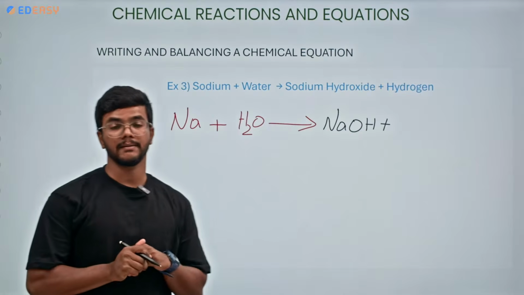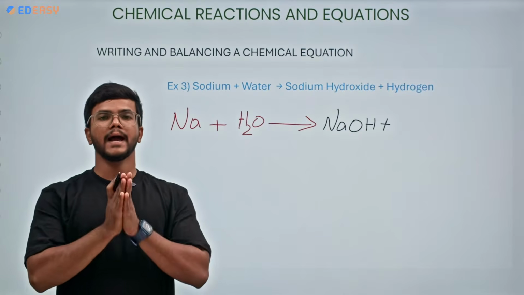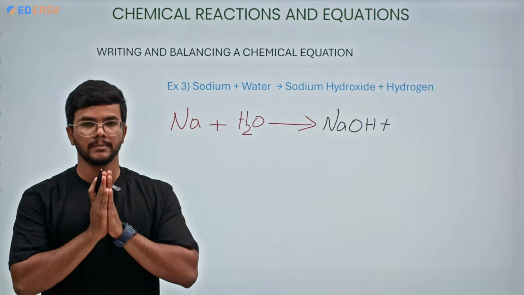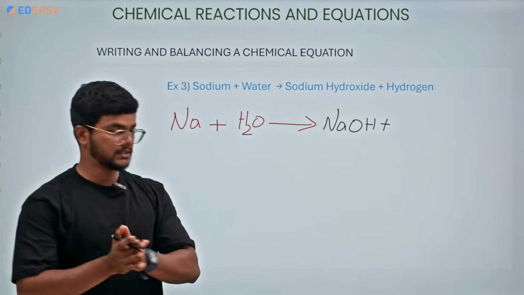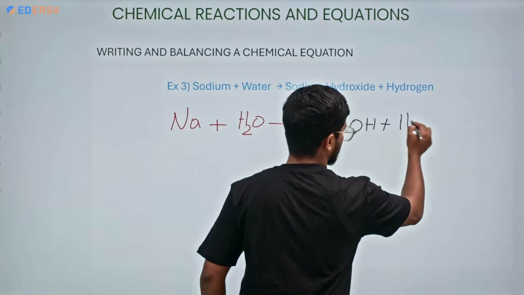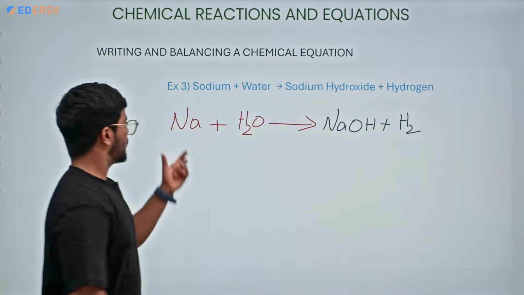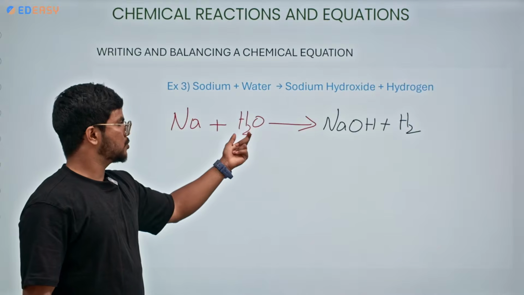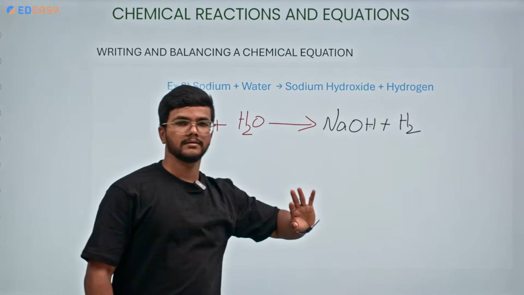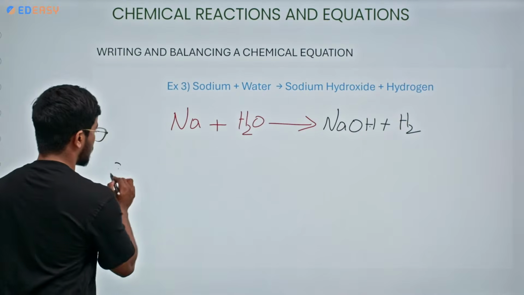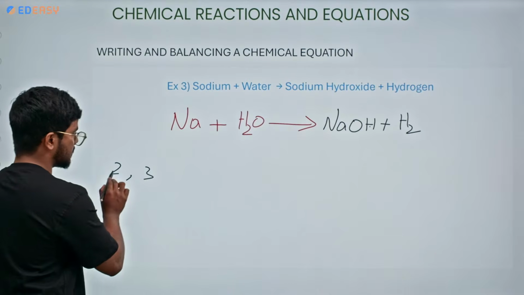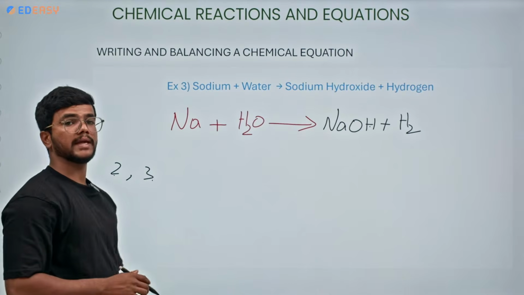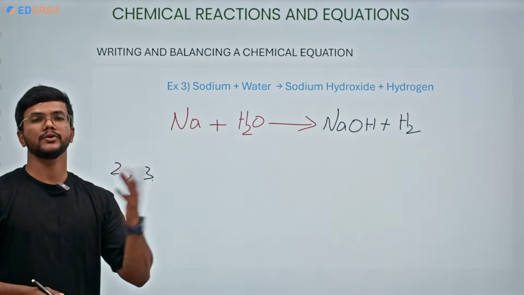In the reaction, always remember hydrogen is H2. So hydrogen is H2 gas over here. So one sodium balanced. Hydrogens 2 here, 3 here. So whenever there is a 2 and a 3, this is an even number and an odd number. We cannot make an even number to an odd number or an odd number to an even number.